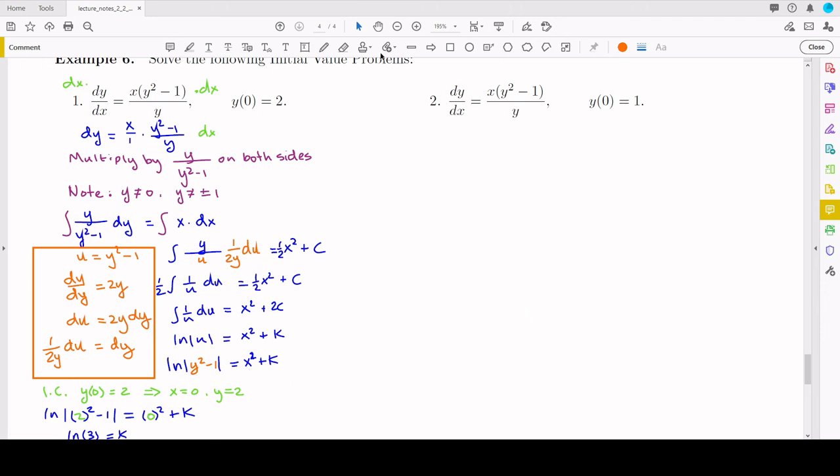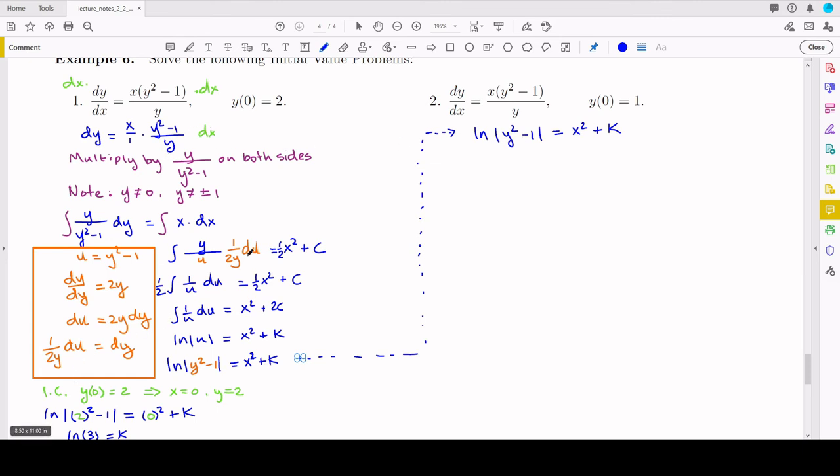So I can actually take that solution right there and move it over here. And so I get ln of the absolute value of y squared minus 1 equals x squared plus k.